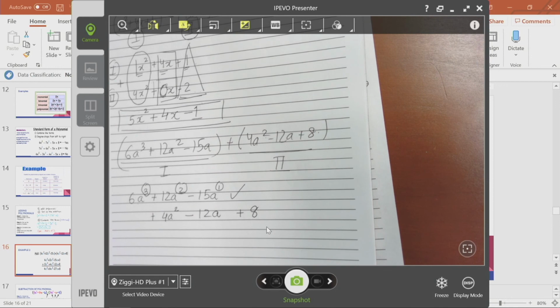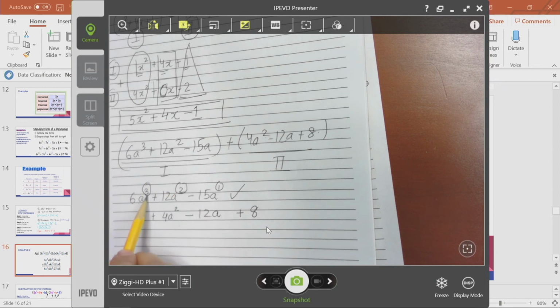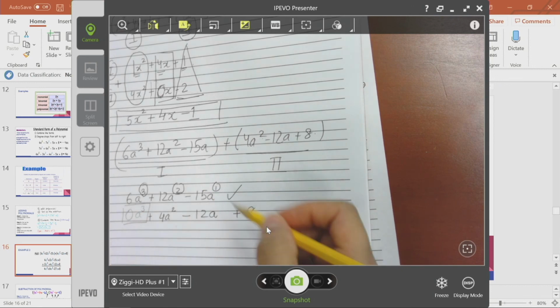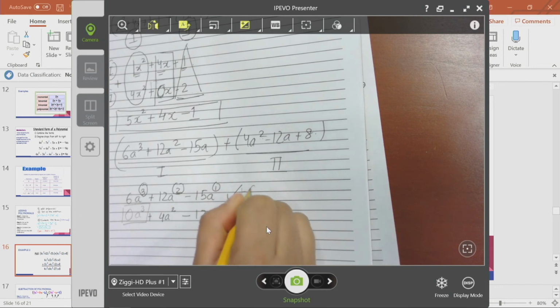Now you can see that we need to place some placeholders because in the second expression, we don't have our cube term. We don't have an exponent with a 3 term. So we will write 0a cubed. I've written it down with a pencil. And in the first expression, we don't have a constant. So we can place a placeholder as 0.